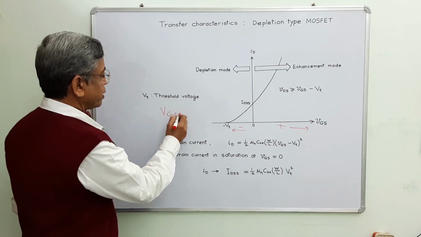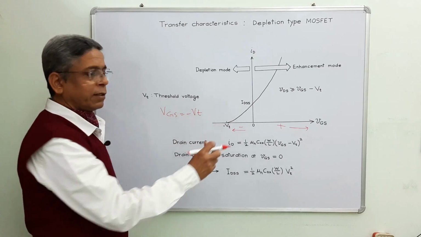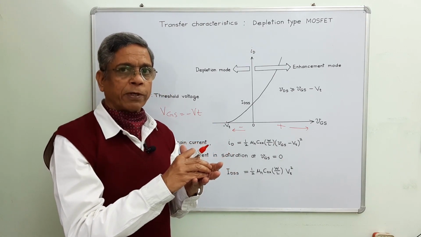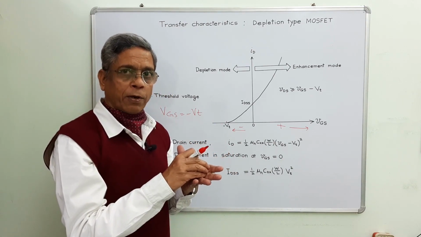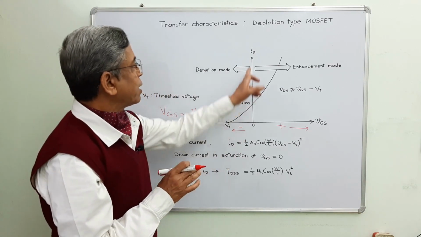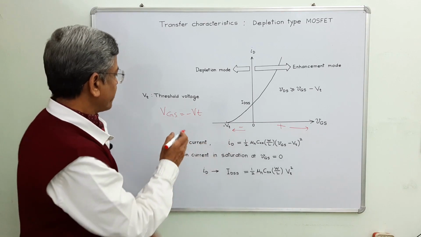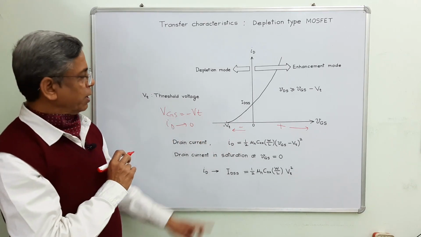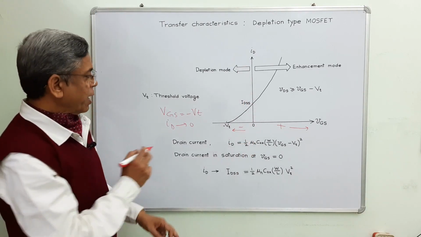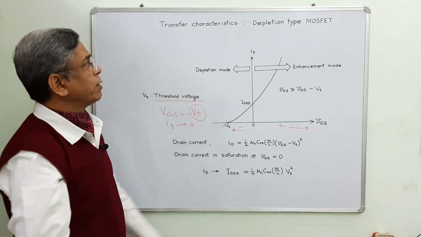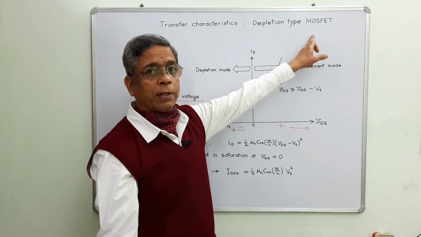When VGS is equal to minus VT, the conducting channel which was implanted between the drain and source at the time of fabrication becomes depleted of charge carriers, that is free electrons. At that time, current becomes zero. ID reduces to zero. Here, current zero. And this voltage is called threshold voltage for depletion type MOSFET.